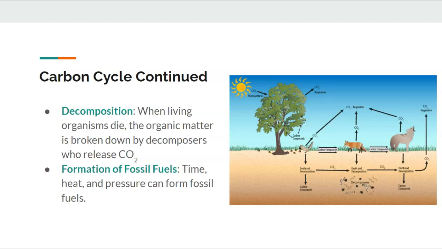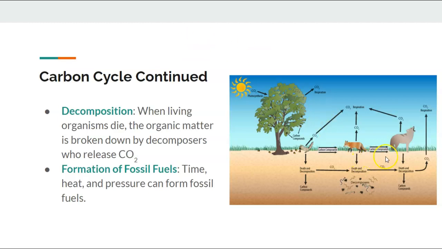Decomposition is when living organisms die, their organic matter is broken down by decomposers like fungi, worms, and bacteria, and then those decomposers release CO2. Then there's also the production of fossil fuels, which is when things start to decompose over a lot of time, with some heat and some pressure, and you can form fossil fuels.